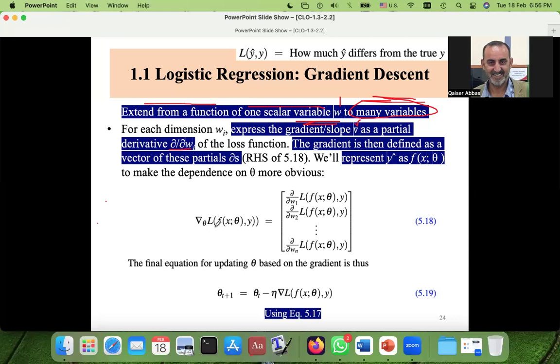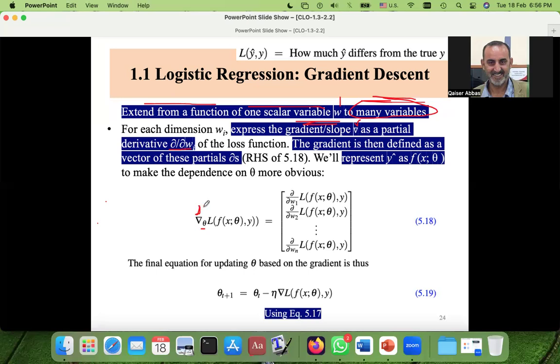Now if you look, this is the equation for all the variables. Here, this symbol means the gradient, the bigger derivative. I can simply say derivative or gradient. And gradient theta, theta means the weights, W and B. If it is the gradient, it means it will consider all the weights.